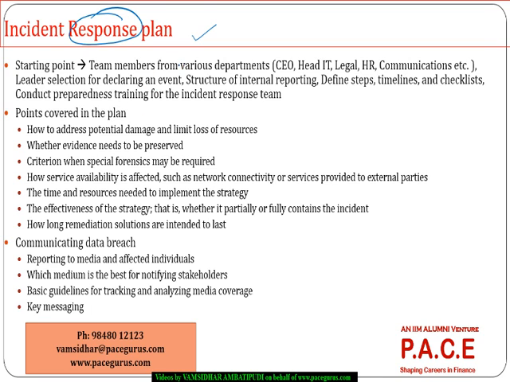That's where we talk about a core team consisting of the CEO, head of IT, legal, HR, people from all critical departments of the organization should comprise the team. And a leader needs to be selected from that team, especially for any kind of event which is treated as a cyber attack. So there should be a proper process in place.